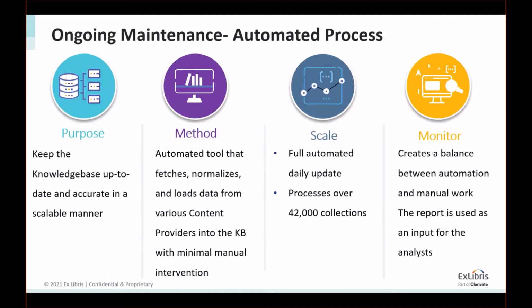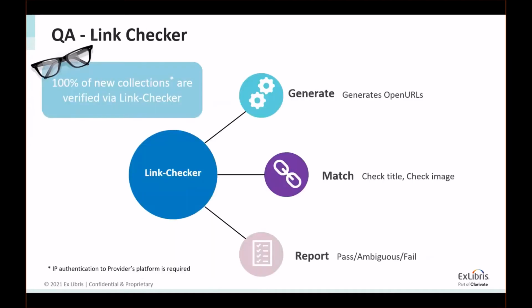So to elaborate a little bit on the QA process, I want to talk about the link checker. The link checker, as mentioned, is an essential tool that checks automatically all the loaded links. This tool generates open URLs, which creates links for each and every title.